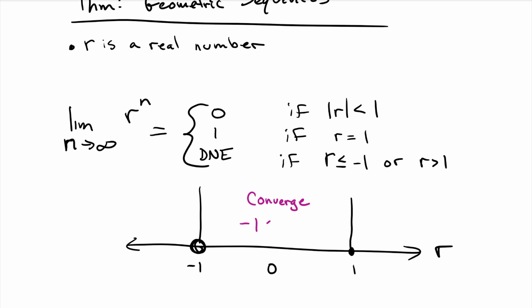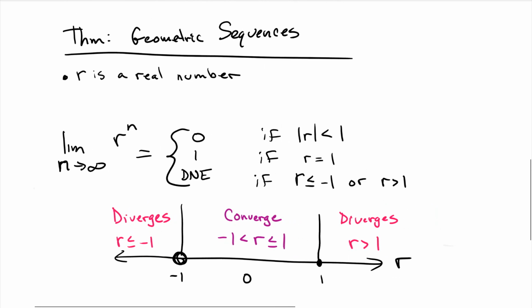Notice that for positive 1 it converges, but for negative 1 it does not. And then we will diverge if the base is outside that range. So if r is less than or equal to negative 1, it diverges, and it also diverges if r is greater than 1. That is something we must have down.